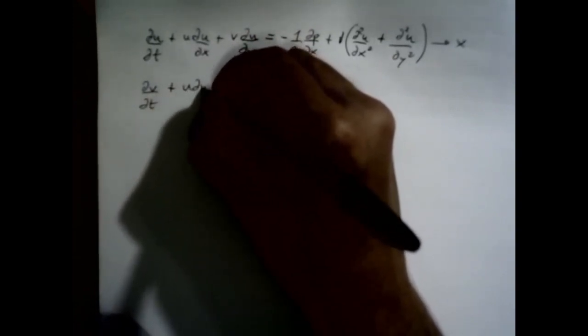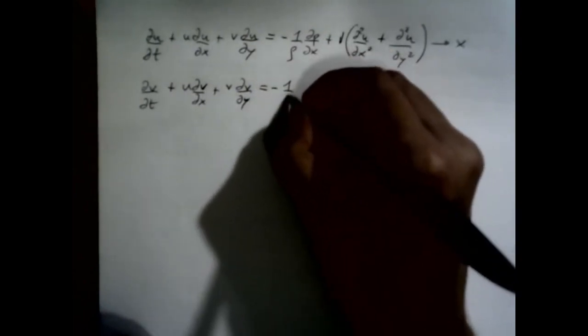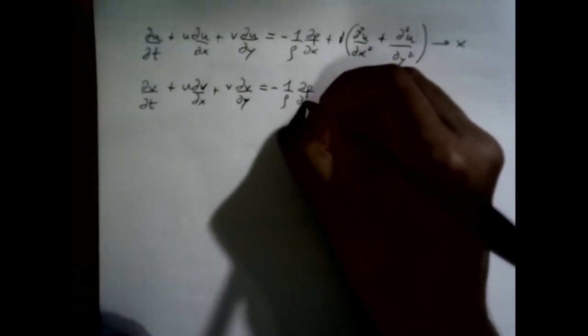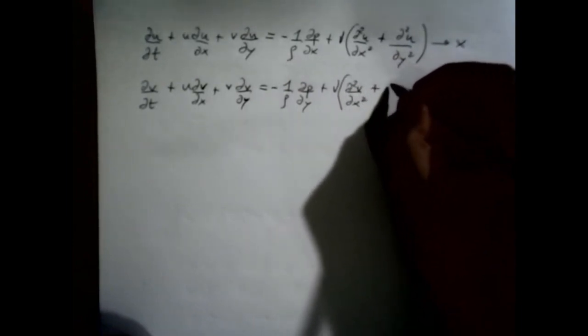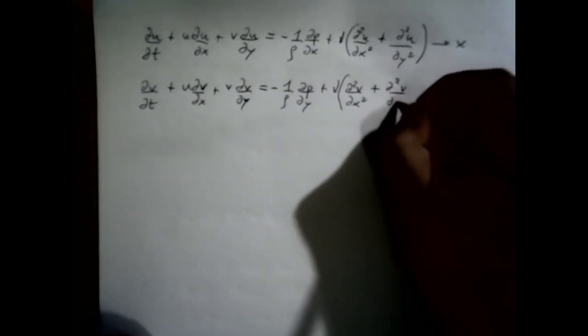So here is your first term, the x direction, and for the y direction we have equals, here is the density ρ, dp dy plus the kinematic viscosity, second partial derivative of v with respect to x.